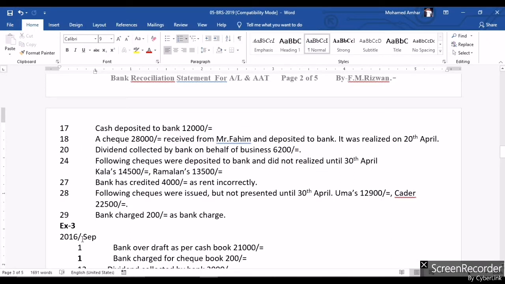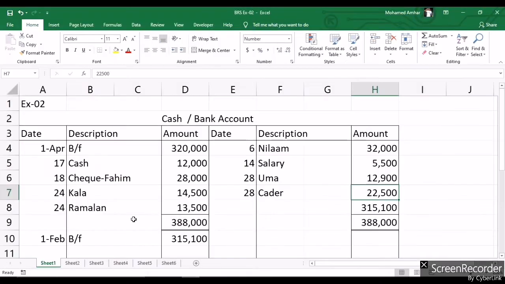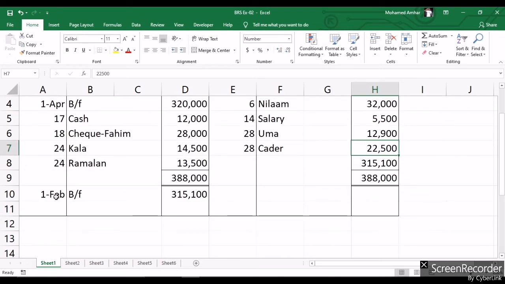So now until 29th, this many transactions have occurred. These transactions are now recorded by us, all the transactions we recorded in the cash book. Now at the end of the month, April, next is May.